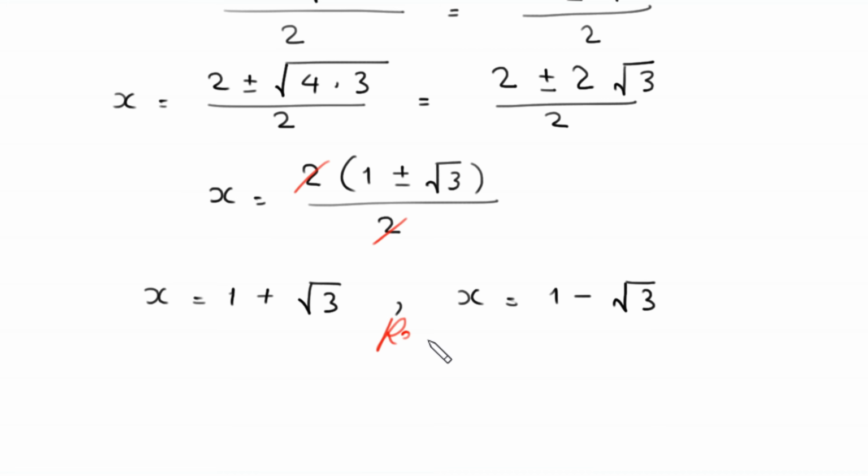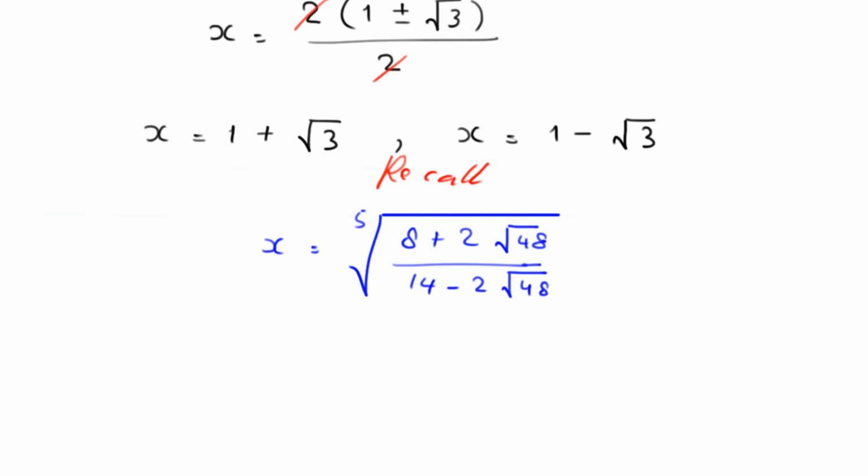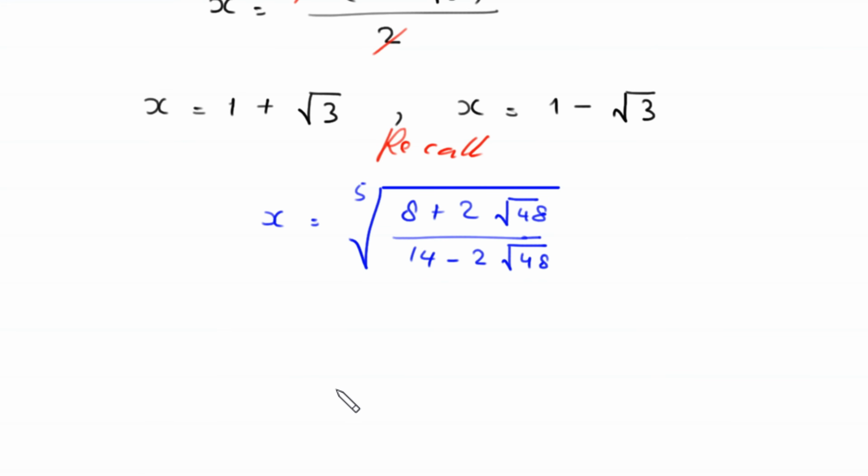Now recall that in the beginning we have supposed that x is equal to the original expression, fifth root of 8 plus 2 times root 48 divided by 14 minus 2 times root 48. And as we discussed earlier, this expression is greater than 0, so this x must be greater than 0.